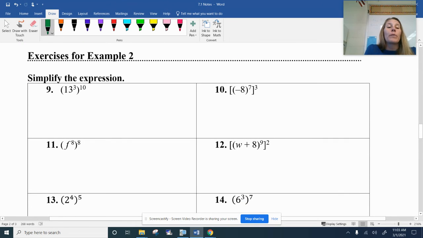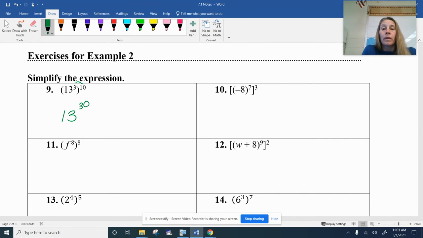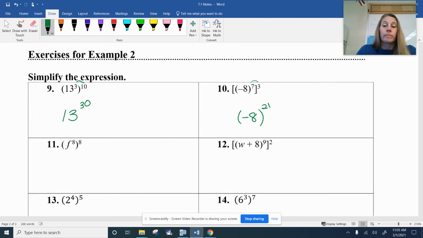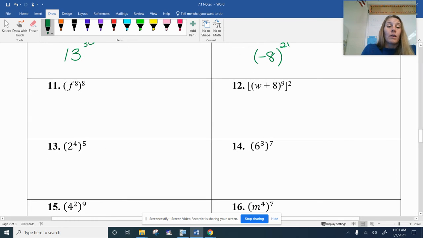So some practice problems for this. Here we would have 13 to the 30th, because 3 times 10 is 30. Number 10, negative 8 in those parentheses to the 21st power, because 7 times 3 is 21. Then number 11, we would have f to the 64th power.